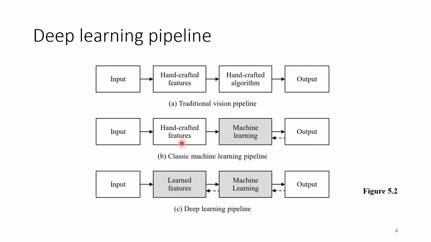It means the features used for machine learning are handcrafted. We human beings design the features and extract them from, say, images or videos. Then we apply some machine learning method to do, for example, regression or classification. Deep learning means the feature extraction part is designed by the network or the machine itself.